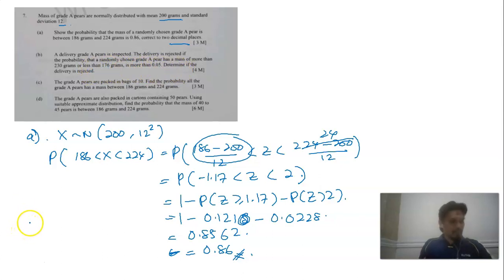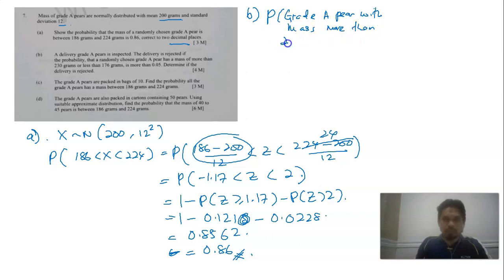Okay, so for this one here, for question B, the probability of a grade A pear with mass more than 230 gram or less than 176 gram.